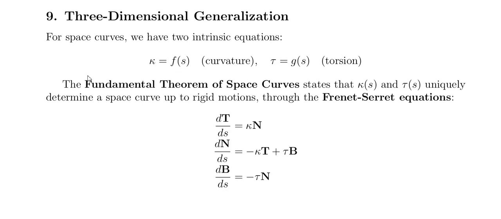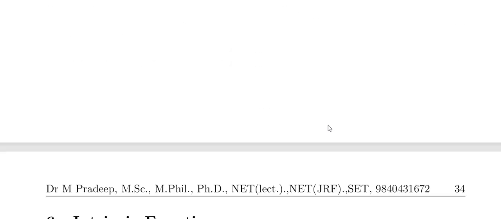For the space curve, we have two intrinsic equations, that is kappa equal to f of s and tau equal to g of s. The fundamental theorem of space curves states that kappa of s and tau of s uniquely determine the space curve up to rigid motions through the Frenet formulas. This is called the fundamental theorem of space curves.